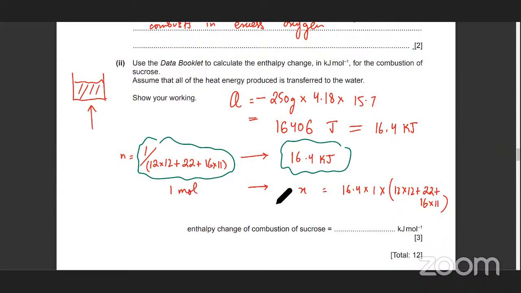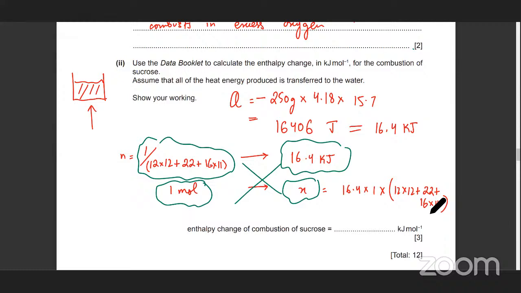So using the ratio, how much will 1 mole produce? So 1 mole would produce x. How would you find the value of x? Cross multiply. So what will x be? The 16.4 will be divided by the moles. Yes, divided by, but it is 1 over this, so when it is divided by 1 over this, it actually becomes multiplied.